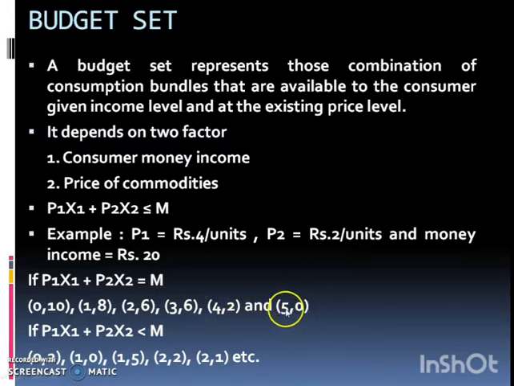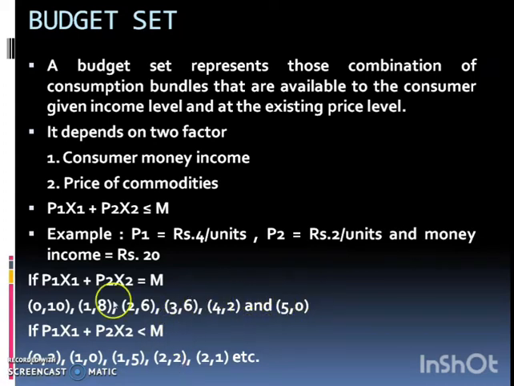The consumer can choose any one of these bundles because in all of them the total expenditure on good 1 and good 2 is equal to the money income of the consumer.